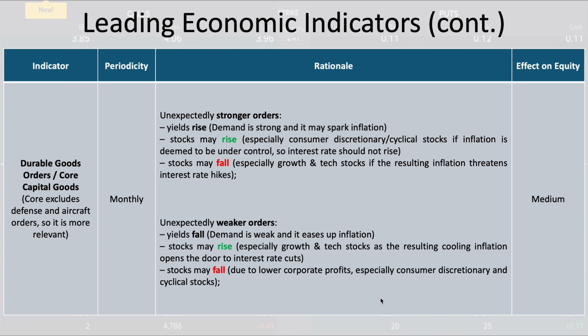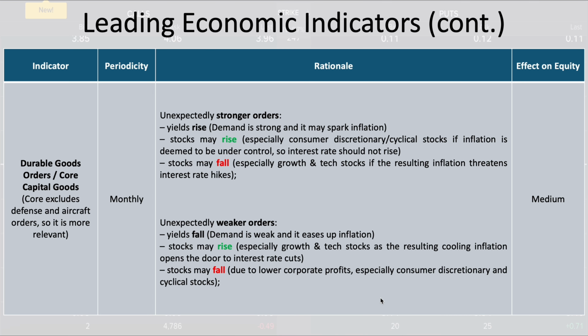And if inflation is deemed under control, interest rates should not rise despite these stronger orders, so stocks tend to rise, but they can also fall if we are more on the edge in terms of inflation, and if inflation gets more of an impulse because of these stronger orders, we may see interest rate increases in the future, and that's why stocks may also fall. The opposite reasoning happens with unexpectedly weaker orders.